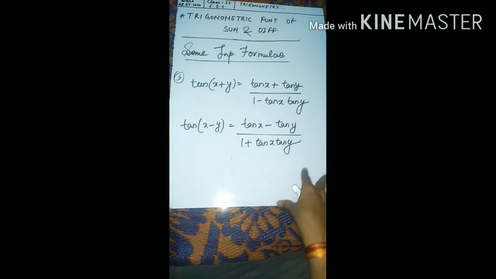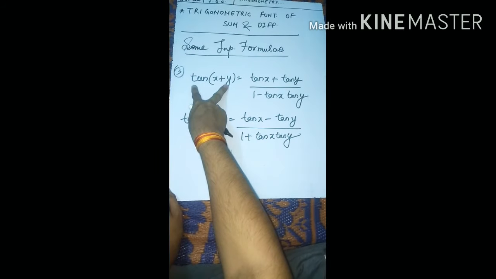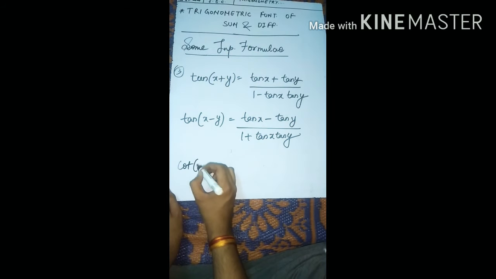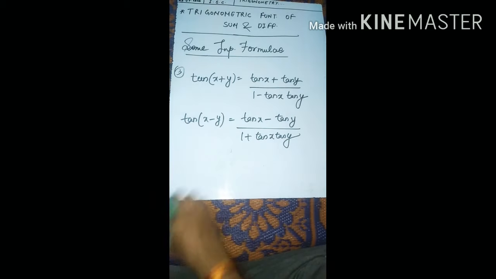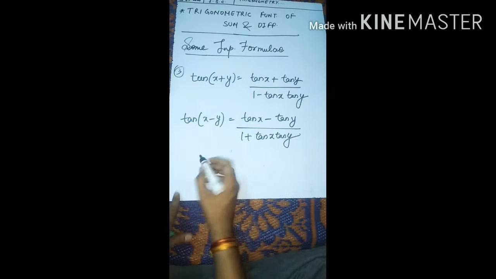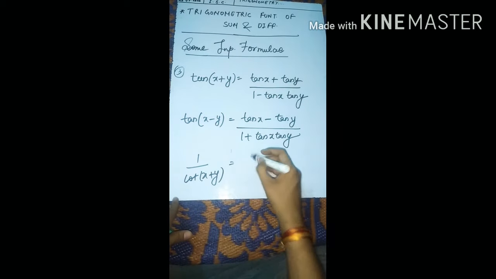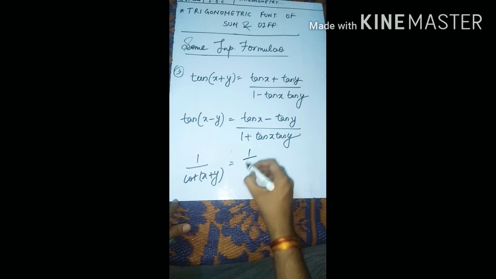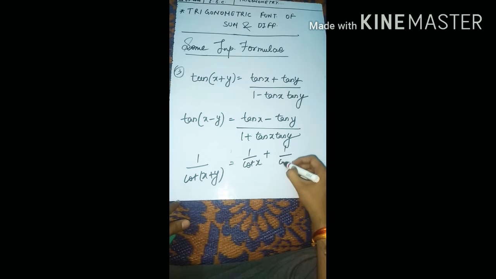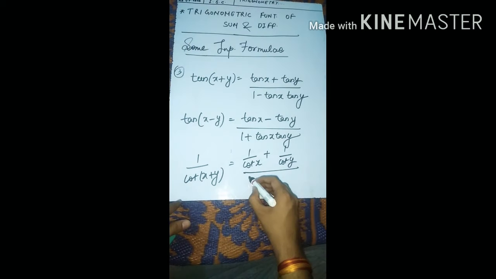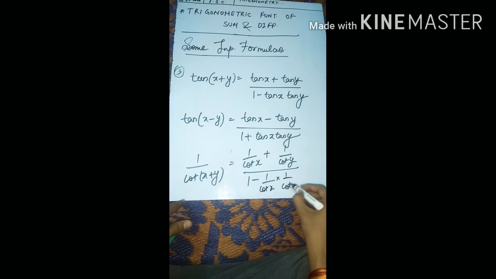Okay, now we can make one more formula from this one, as tan(x+y). Can we make the formula of cot(x+y)? How? As we know, by this formula, tan(x+y) can be written as 1 upon cot(x+y), is equal to tan x plus tan y, in place of tan x you write 1 upon cot x, and in place of tan y you write 1 upon cot y, upon 1 minus 1 upon cot x into 1 upon cot y.